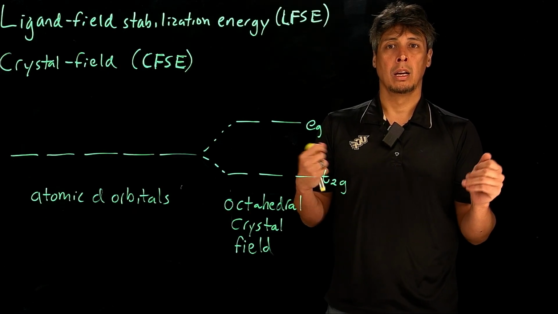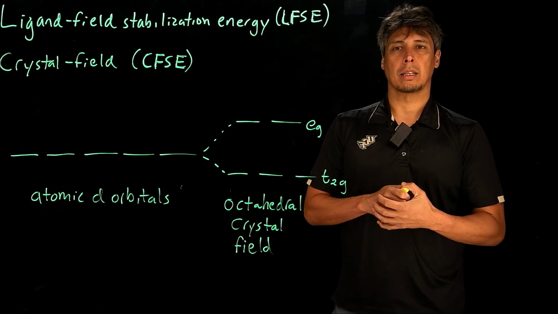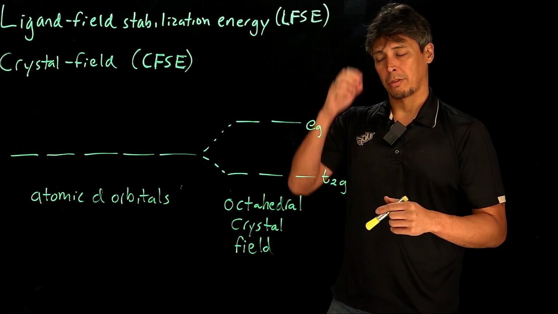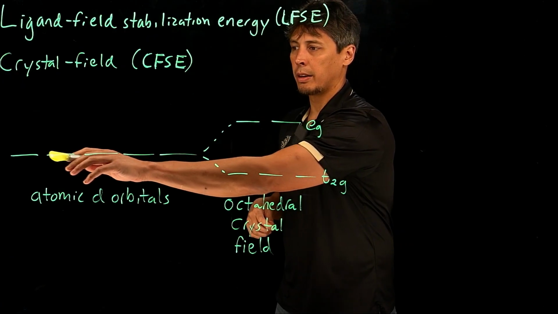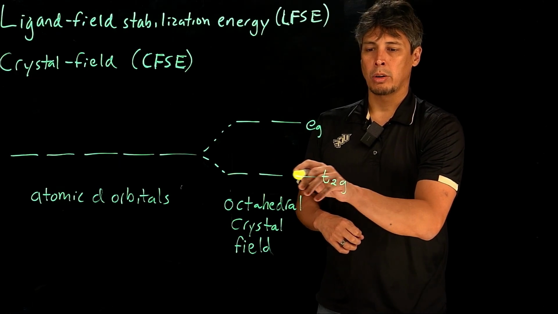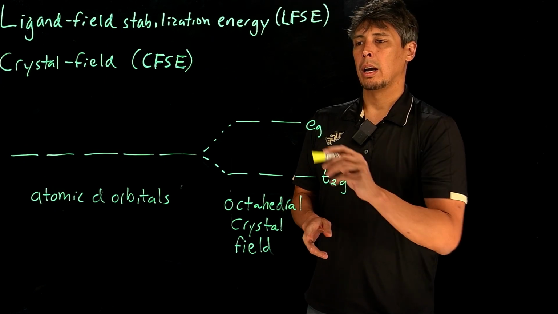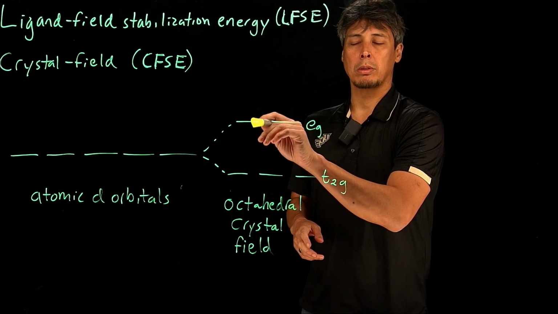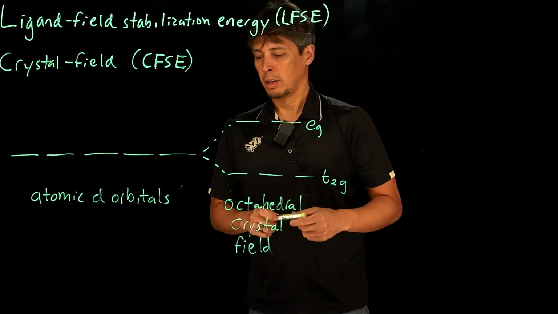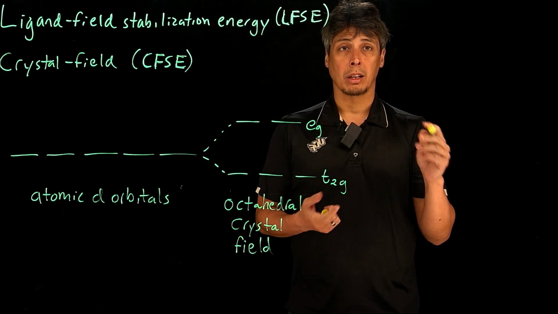However, when we apply ligands that coordinate to the metal with an octahedral geometry, we get what's called an octahedral crystal field, and this results in splitting of these 5 degenerate orbitals into 2 sets of orbitals: one that is lower in energy and is triply degenerate, which we refer to as T2g, and another set that is doubly degenerate, which we refer to as the eg set of orbitals.